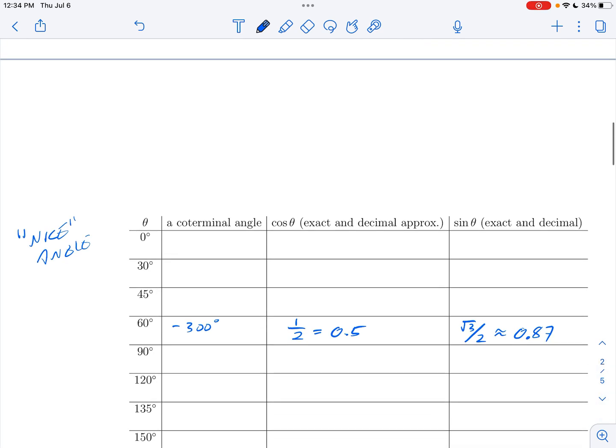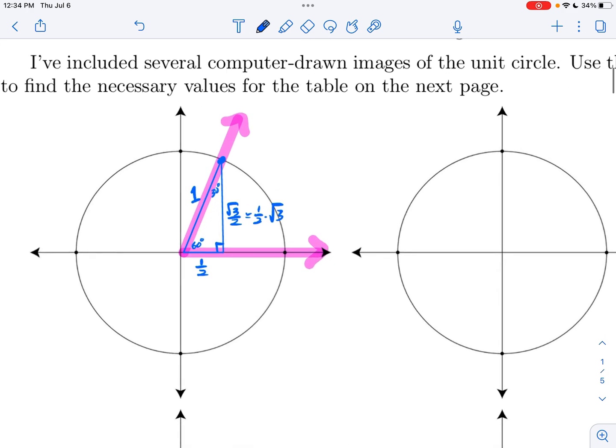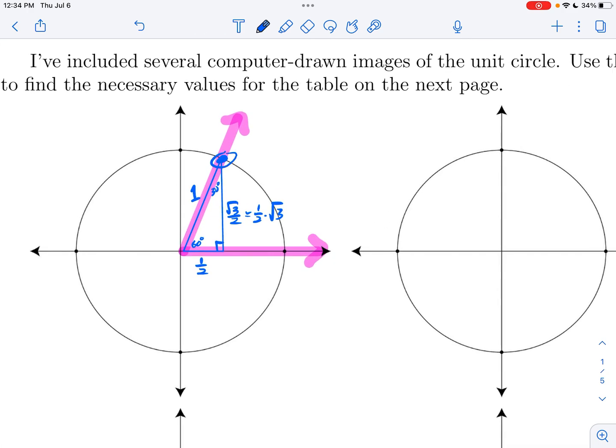If we go back here, the location of this point here, the x-coordinate is 1/2. That seems about right. It's roughly halfway between 0 and the full 1. Our y-coordinate is almost at the very top of the circle. Here's the topmost point of the circle. Here we are. That y-coordinate is very big.